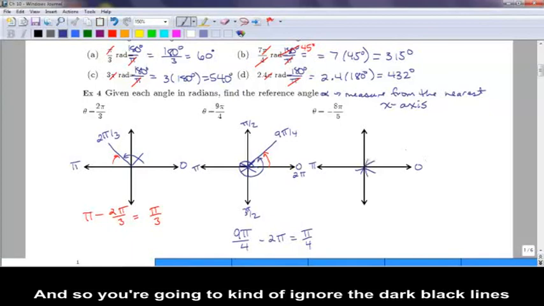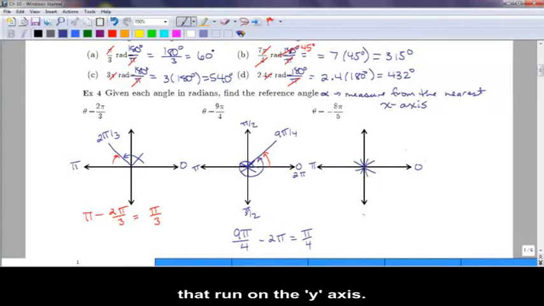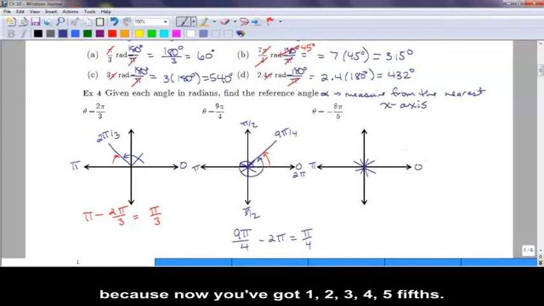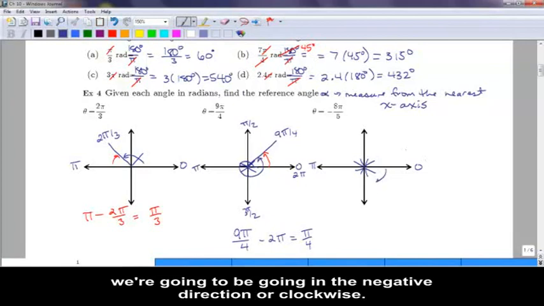And so you're going to ignore the dark black lines that run on the y-axis. You just want the blue lines that I've drawn in there, because now you've got 1, 2, 3, 4, 5 fifths. And you want to go negative, so we're going to go this way. We're going to be going in the negative direction or clockwise.